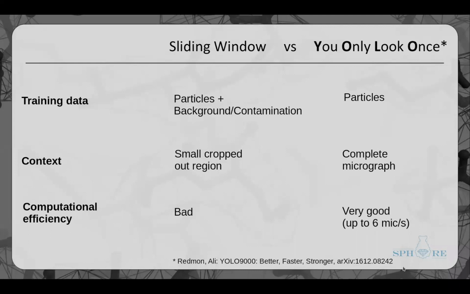It's enough to select the particles. Because the network always sees a complete micrograph, it has a much bigger context. And in terms of computational efficiency, this is also very good because, instead of putting all of these small cropped out regions through the network, you can just put a complete micrograph through the network once and you get your detection immediately.